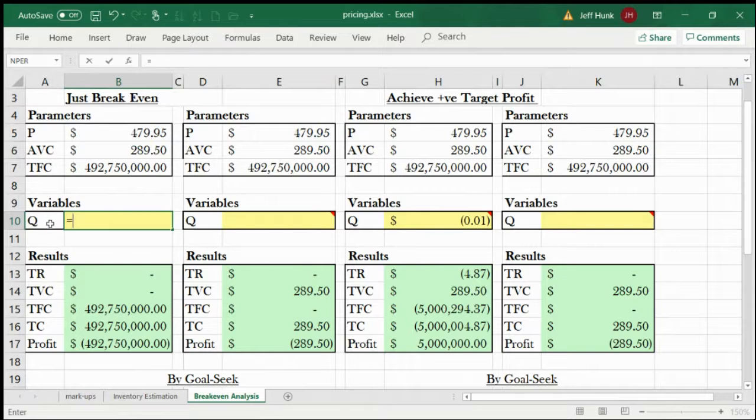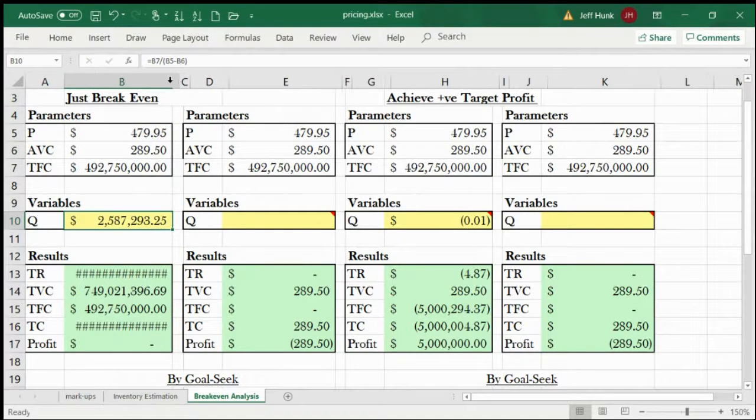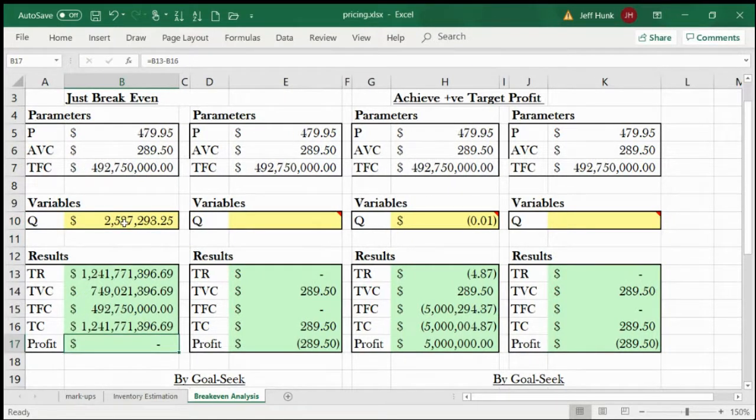So this is the break-even output level. And what is the formula? The formula is TFC over P minus AVC, right? And then if you do that, we achieved it, right? Profit is zero, so we found the break-even point.